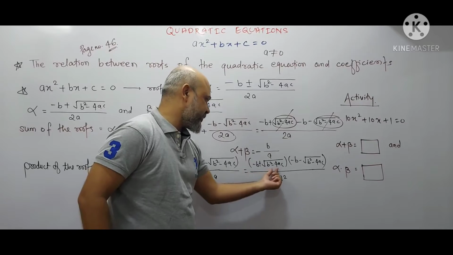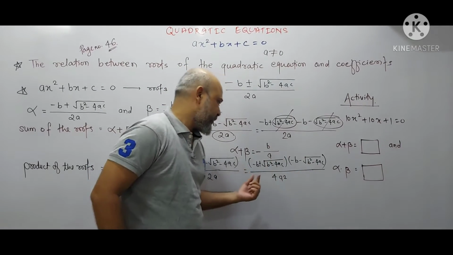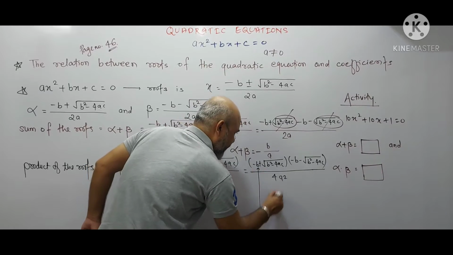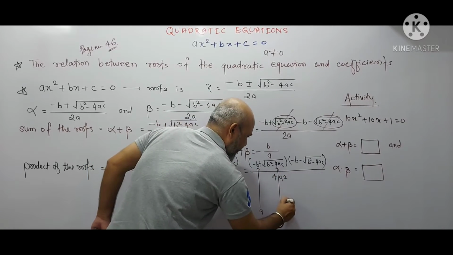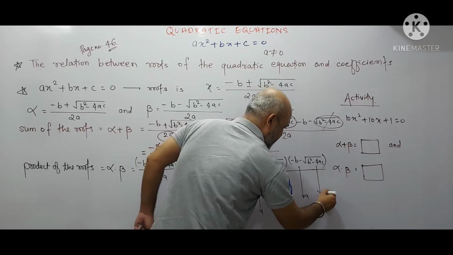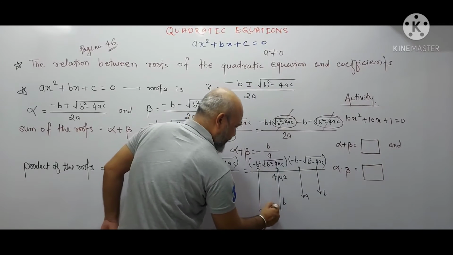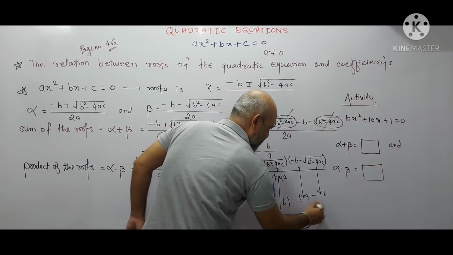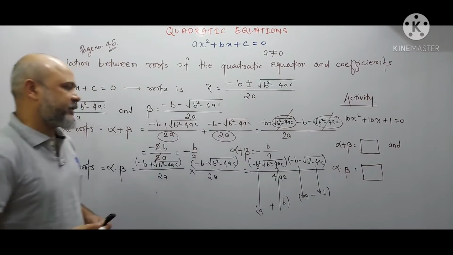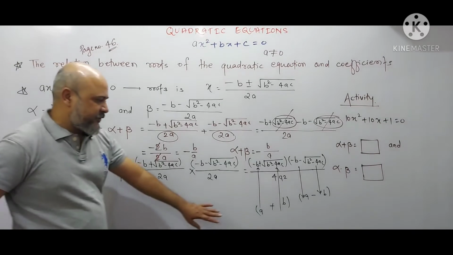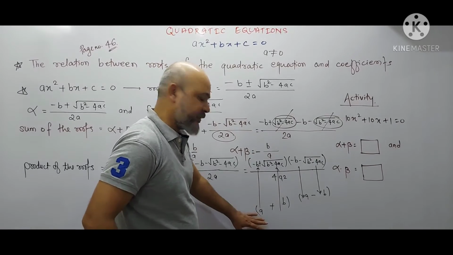This is a, this is b, this is a, this is b. Here is plus and here is minus. So what is (a + b)(a − b)? You know, a² − b². Okay, (a + b)(a − b) = a² − b² is the formula.